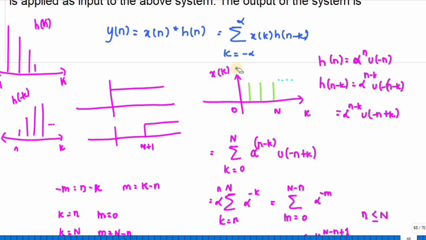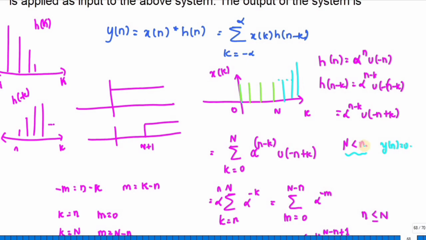So if I'm going to add this h of n minus k, suppose h of n minus k is, if this n value is less than n, then what will happen is this h of n minus k value starts from here, right? It starts from here. So there will be no intersection. So my h of n value goes to 0 for capital N values less than n.